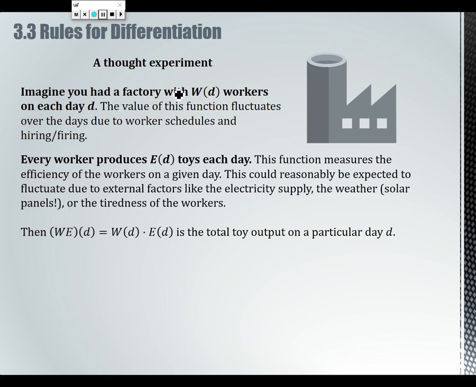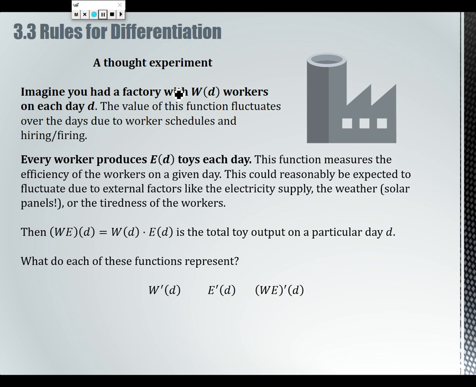Now these three functions are a little harder to describe, but I want you to try. W prime of D is, anyone want to try to articulate it? Go ahead, Cameron. The change in workers day by day. Okay, so yeah, if W prime of D is positive, the number of workers is rising. If W prime of D is negative, then it's falling, right?